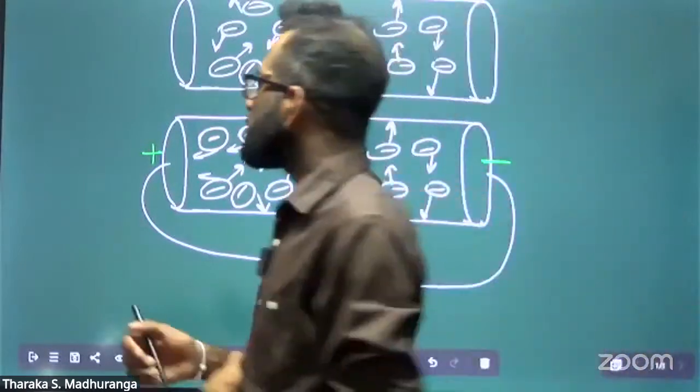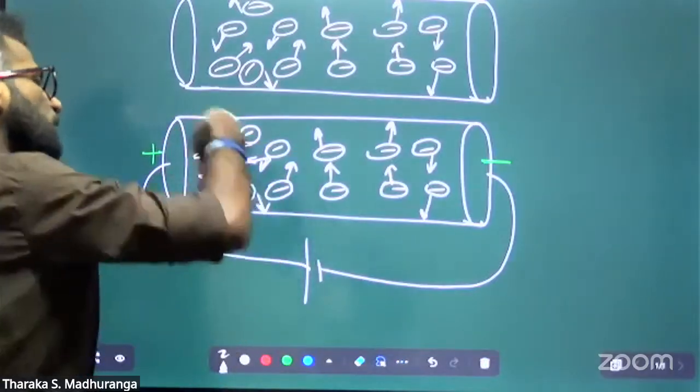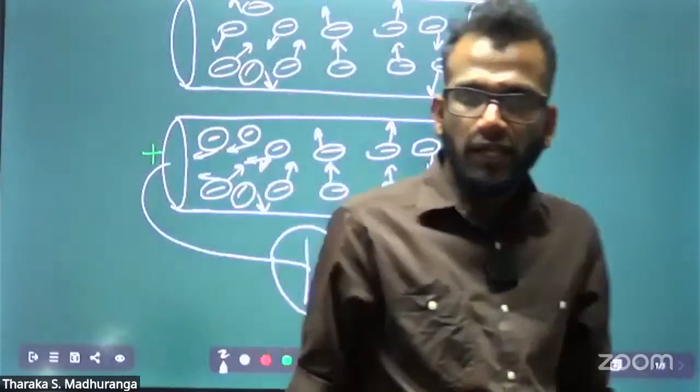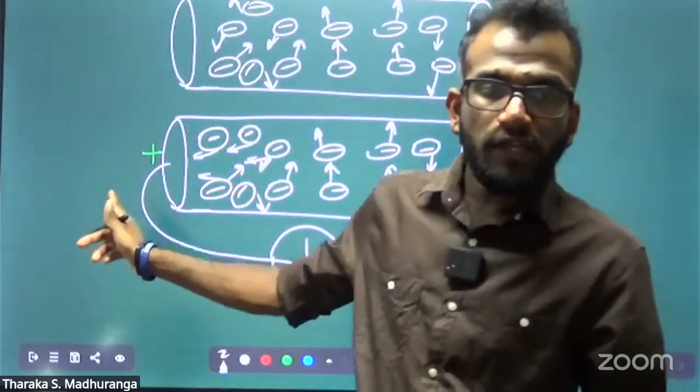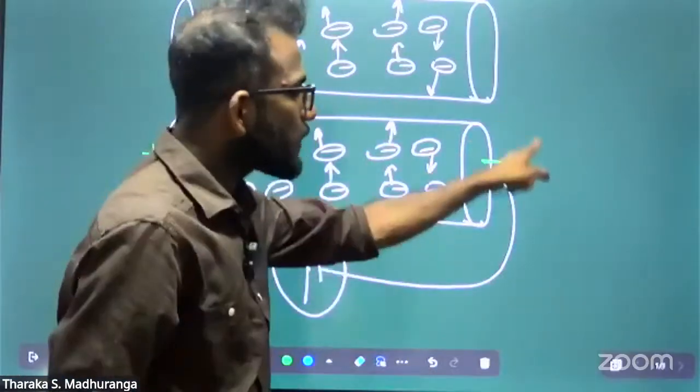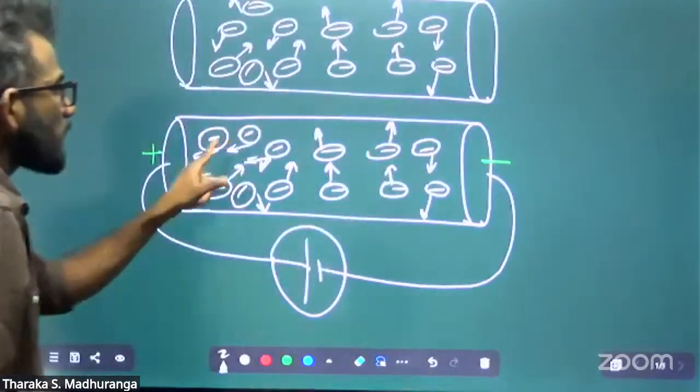But if we apply a potential difference, that means if I connect a battery, one side is positively charged and the other side is negatively charged.